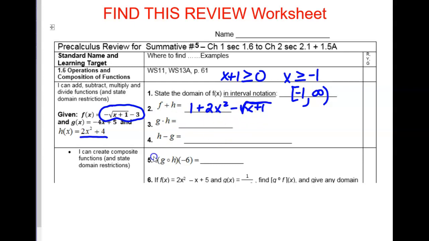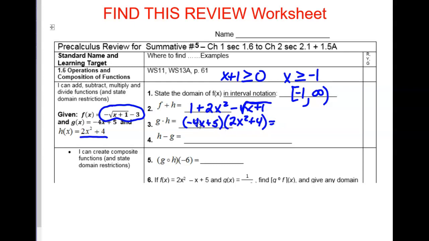All right, g times h. It does say on the quiz you have to simplify that. So if you write down g times h, you'd have to FOIL that all out. Do you want me to take time to do that?